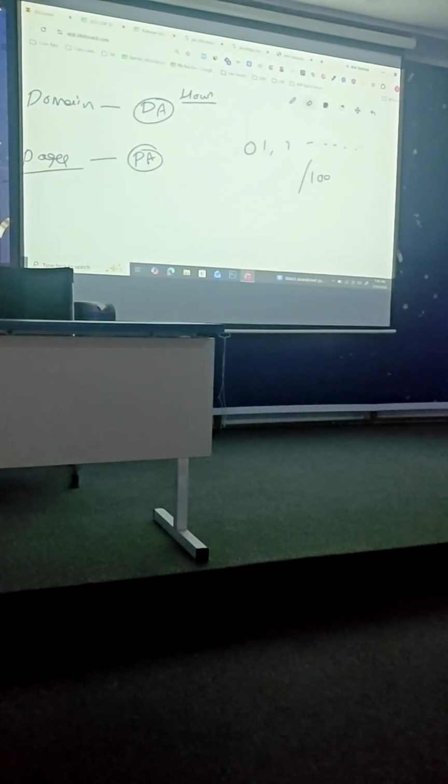How will the authority be decided and who will decide the authority? Okay. How many ranking factors does Google have? 200. What are those factors? Till now, what did you learn? Domain is one factor. Domain authority, one factor.